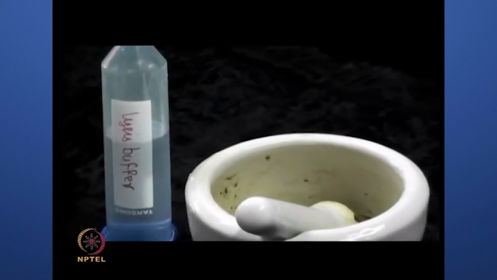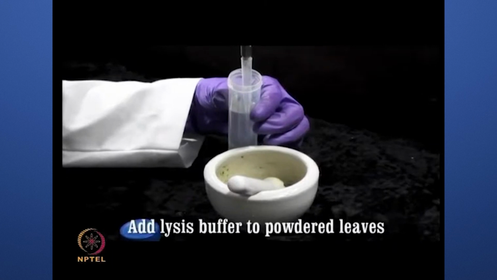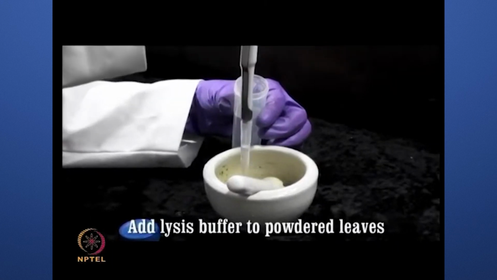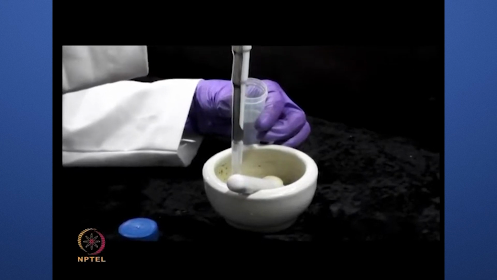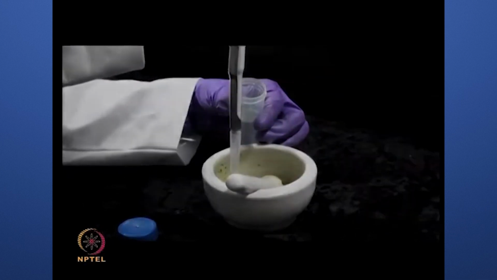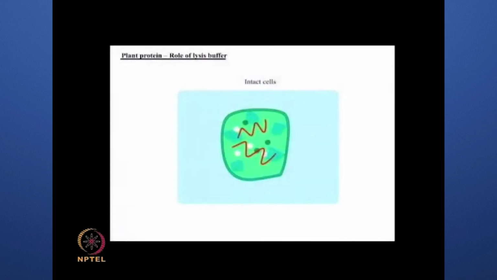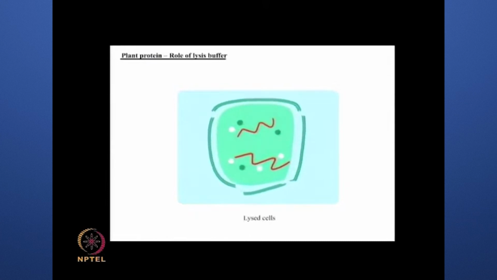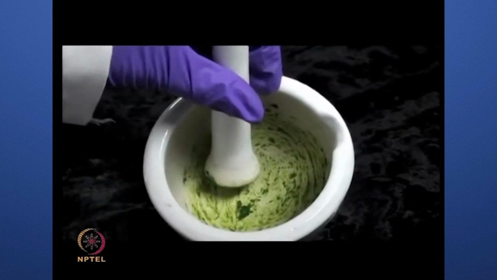To this powder, add around 0.5 ml of lysis buffer containing trichloroacetic acid, acetone and dithiothreitol, and grind it well until a fine paste is obtained. The lysis buffer causes the plant cells to swell and finally break open, thereby disrupting the membrane and releasing all its intracellular contents.